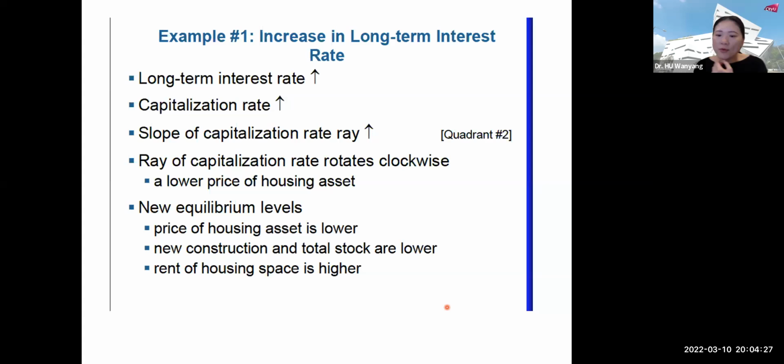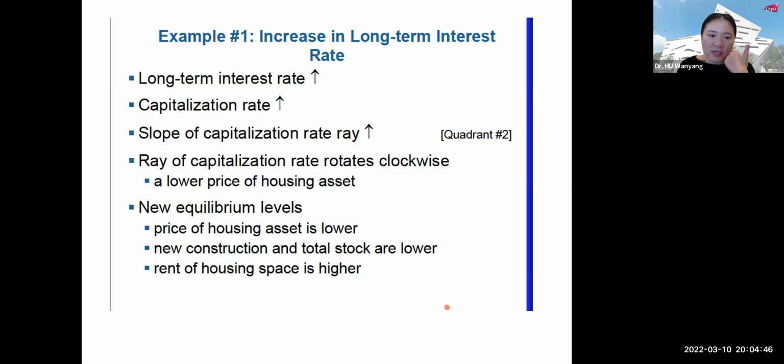Let's look at the first example: the increase in the long-term interest rate. In this case, we use K to indicate the long-term interest rate. Let's assume the long-term interest rate has increased. If K increased, it means that the capitalization rate will increase.